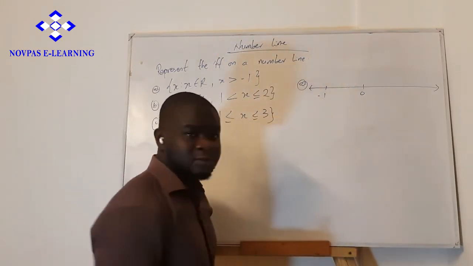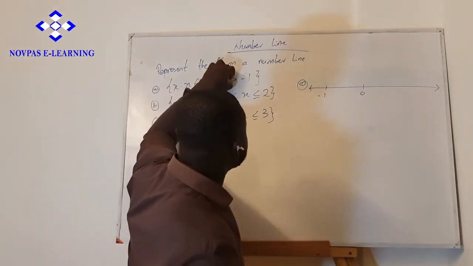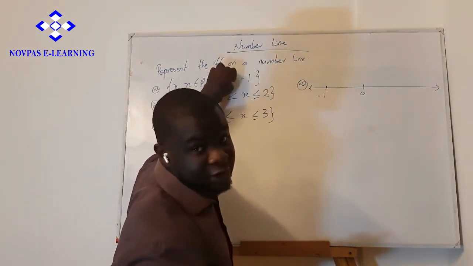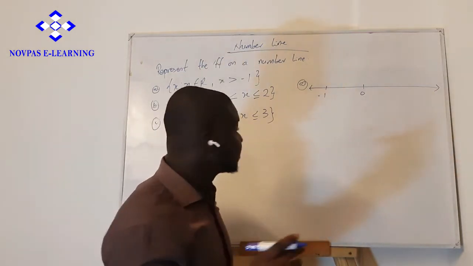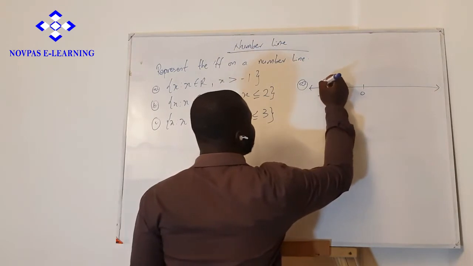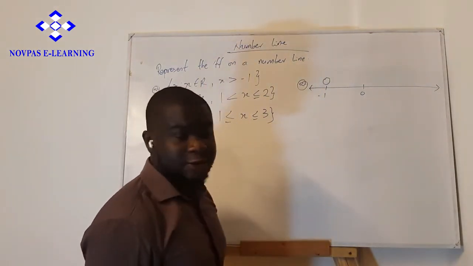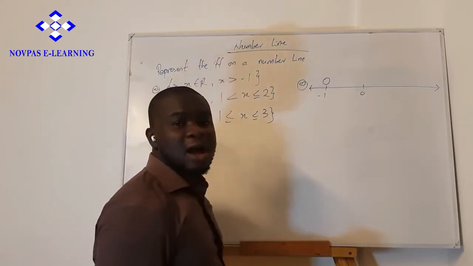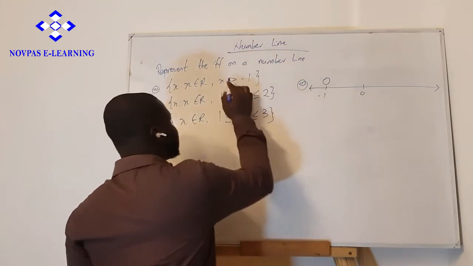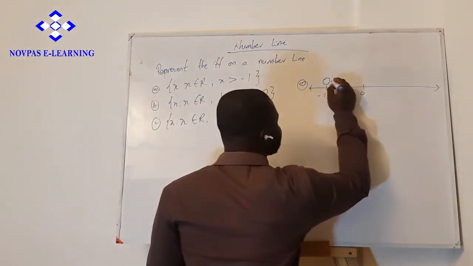Now in order not to get confused, anytime you see a greater than or less than sign and there is no bar beneath it, you don't shade it. So you just draw a big circle on it, or a big 0 on it like this. Now, where is the arrow of the sign pointing to? It's pointing that way, so just go this way.